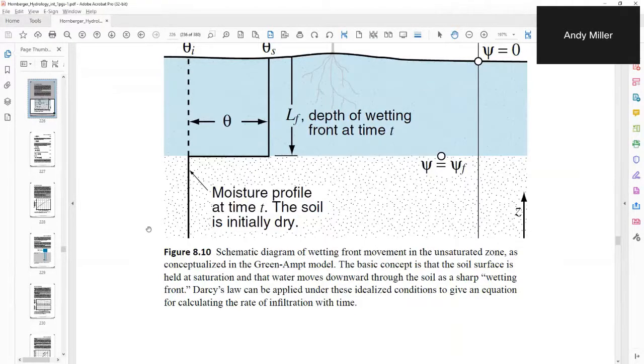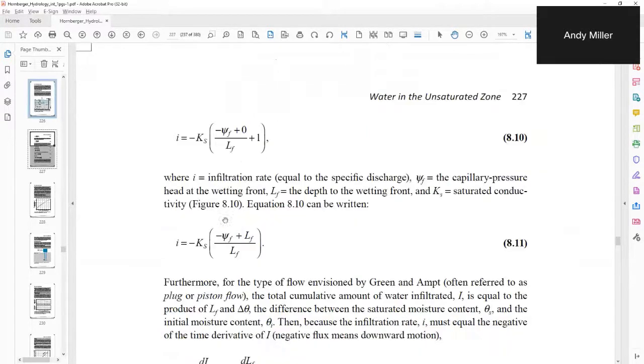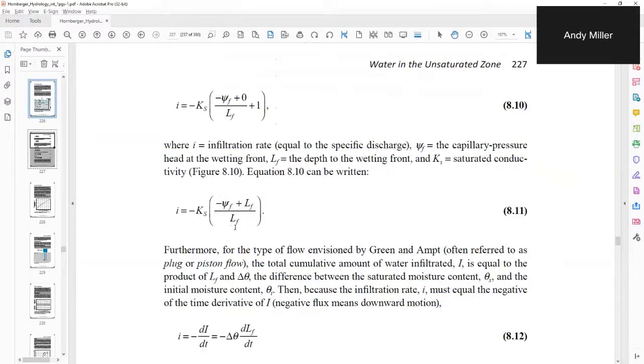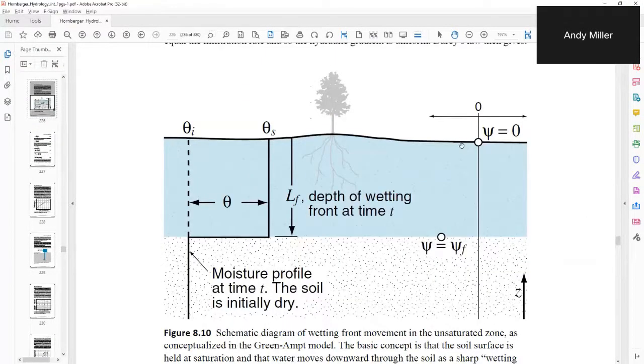If we scroll down in the textbook here, you'll see what they do. The hydraulic gradient: up here, it's just elevation plus 0, because the pressure head is 0.